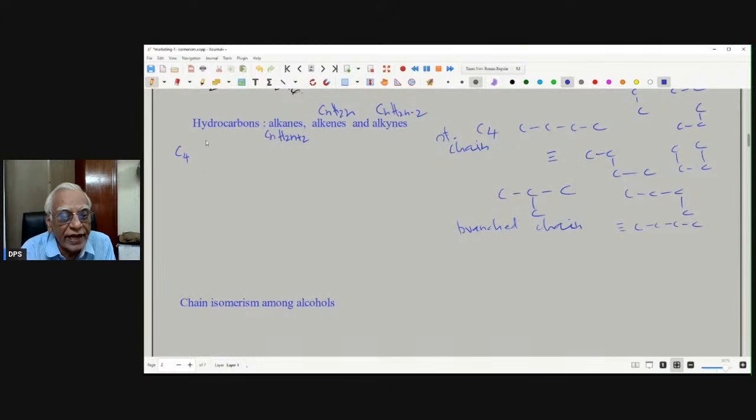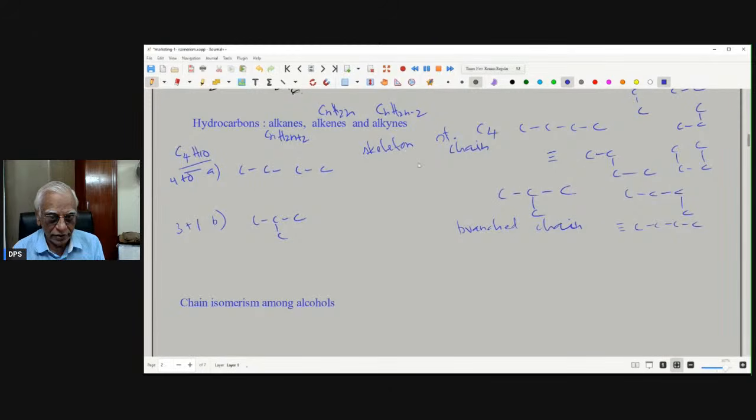So for alkanes, C4H10, how do you write it? As I told you, there are 2 carbon chains: A, 4 plus 0, with no branching, and B, 3 plus 1, with 3 carbon atoms and 1 branch. Branching should always take place in the middle carbon atom. So these are the 2 skeletons for C4.